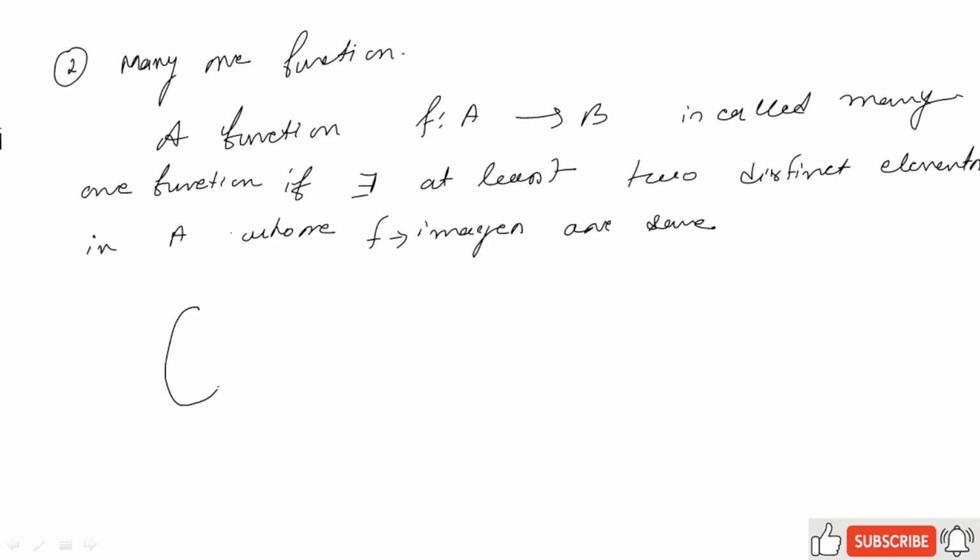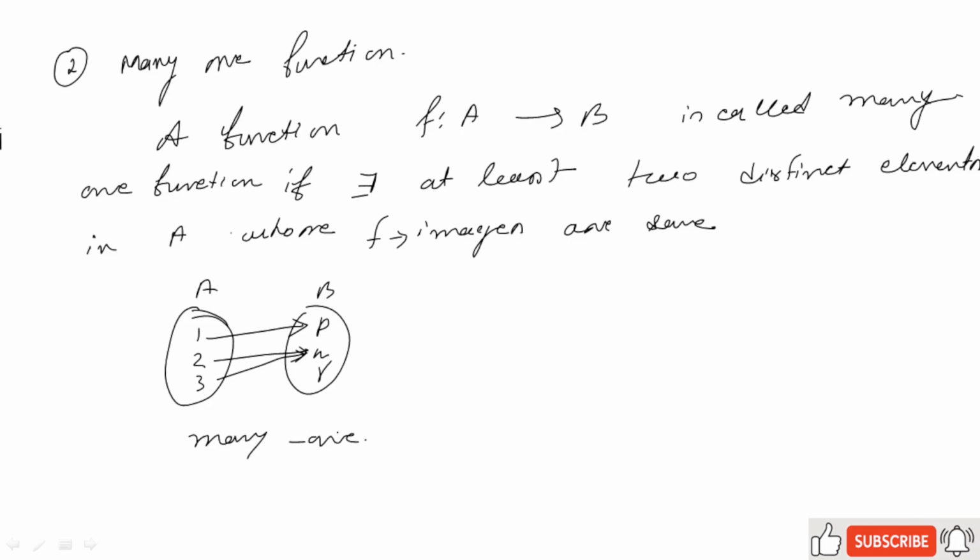So this is an example: A is 1, 2, 3, B is P, Q, R. So 1 goes to P, 2 goes to Q, and 3 is also related to Q. Then we call it what? Many-one relation.